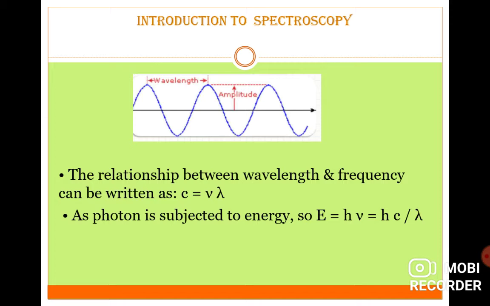The relationship is c = νλ. Here ν is frequency and λ is wavelength. In terms of photons, E = hν, or ν = c/λ, so E = hc/λ.